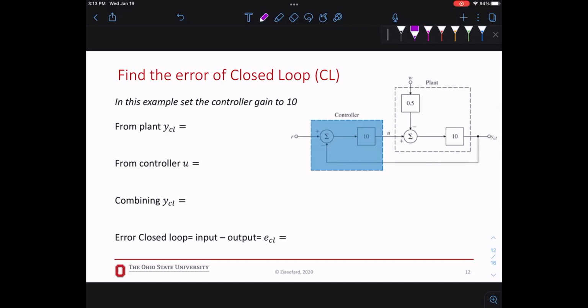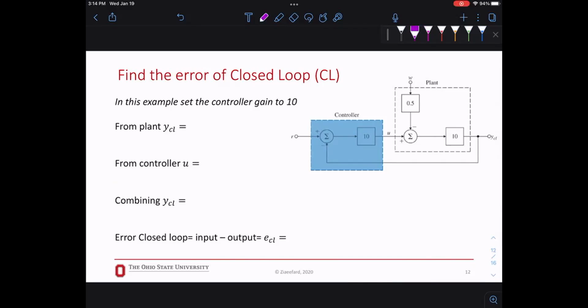Now, to calculate the error, so you might see something like this in your exam, maybe, or homework. When we calculate the error we should talk about input and output, right? So the signals you want to see in it should be input and output. So your input is R, the reference input.